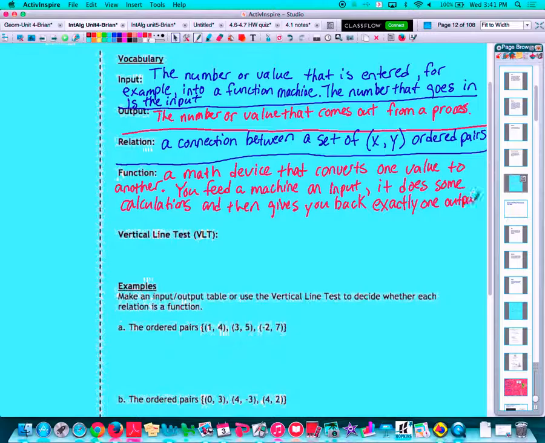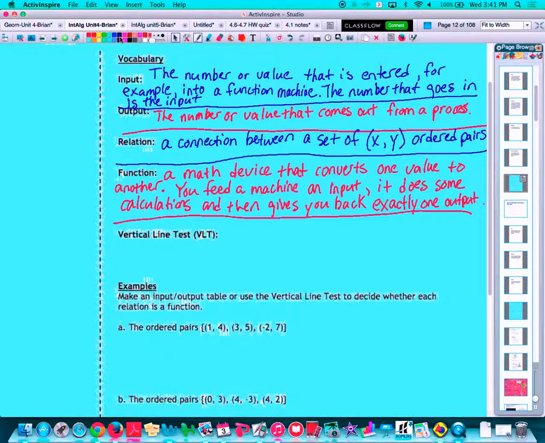So you put something in, you expect to get exactly one thing out. All right, that's one of the things with the function, and we'll talk about this. It'll make a little bit more sense when we go through some examples, but a function is when you have an input and it goes to exactly one output, not more than one output.